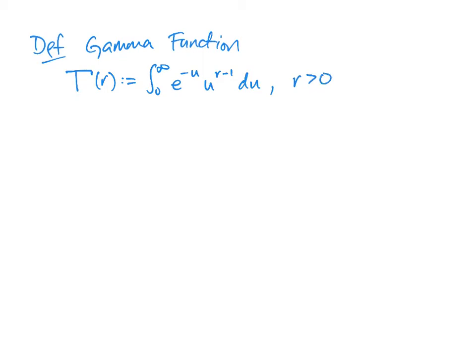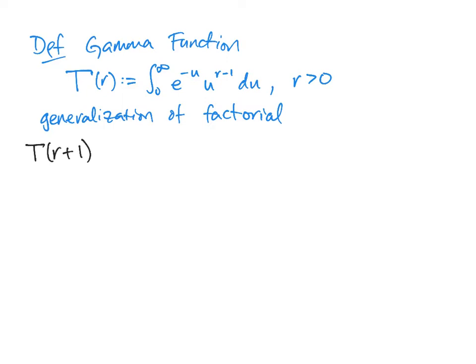So what's nice about this is it's like a generalization of the factorial function. And the way that we see that is that it has this nice recursive relationship. So let's go to black again, I guess, and let's think about gamma of some number r plus 1.